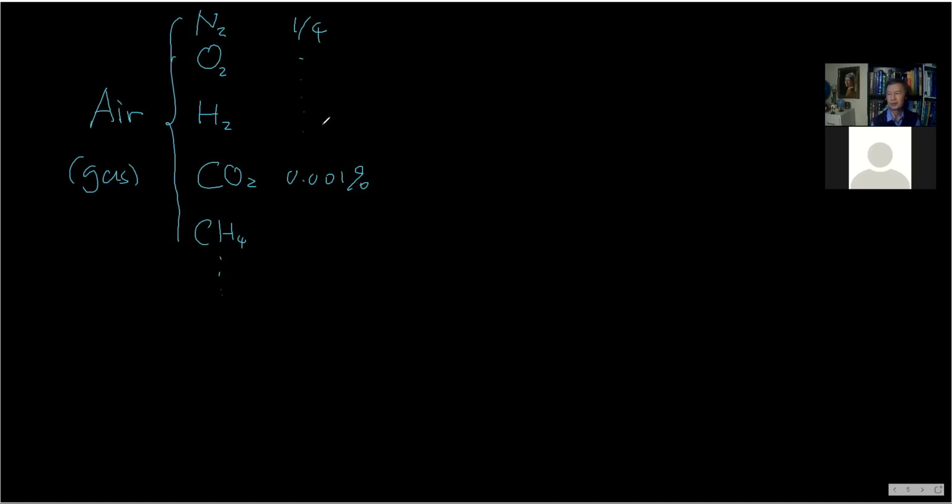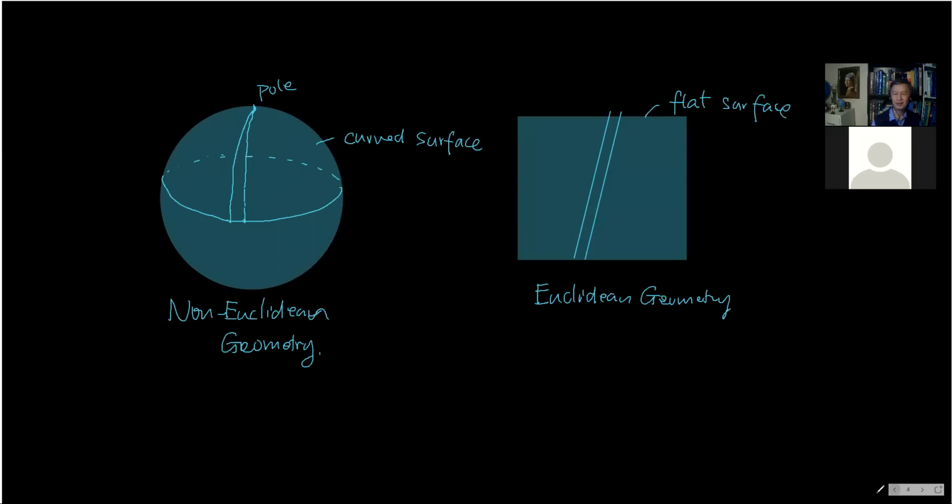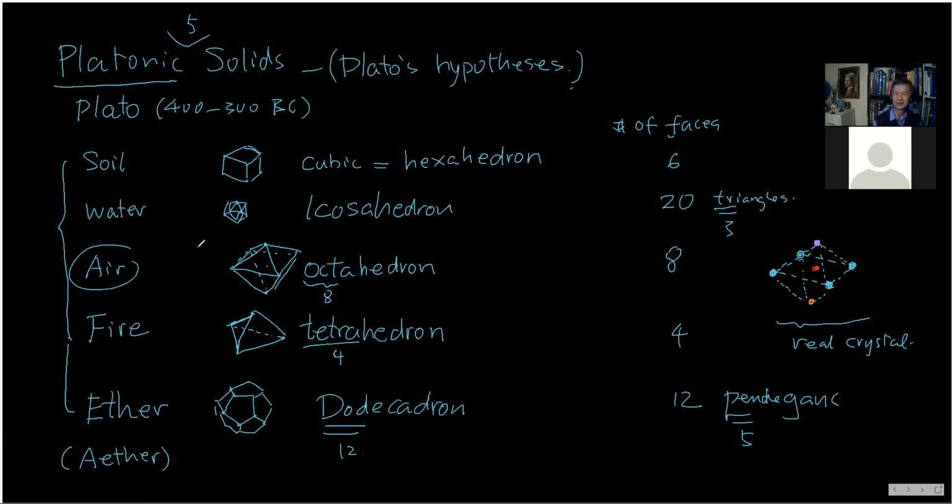But my question is, do you think air is an element by modern standards? No way. The air contains so many different chemicals, and each molecule is a chemical. So this is not right. And how about water? Is water the smallest element?